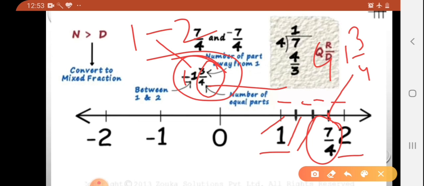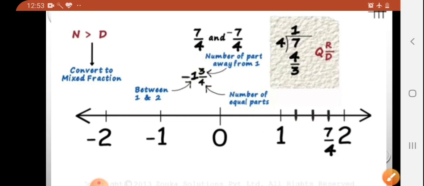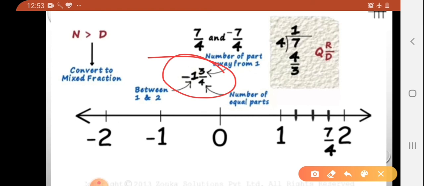Negative also, how can you do it? If a negative improper fraction is there, again you will change into a mixed fraction, and then you will see that it will lie between -1 and -2. Now 3 upon 4 again you have got, so this part you will divide into 4 parts.